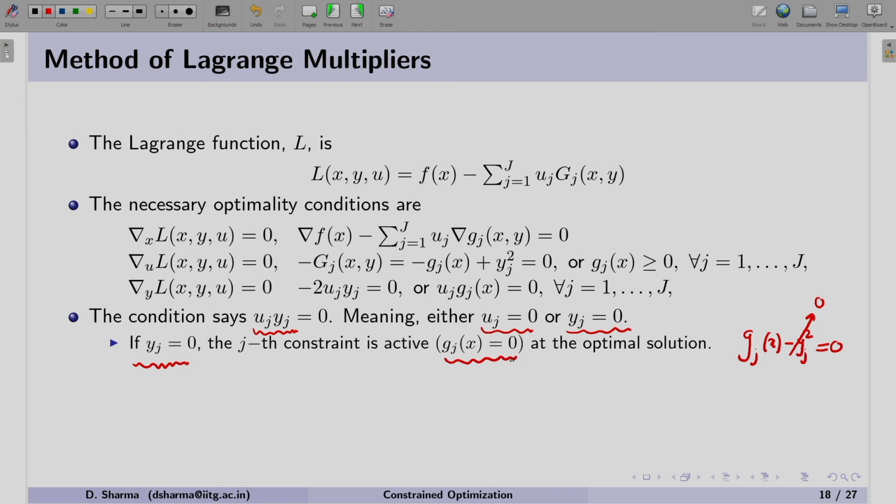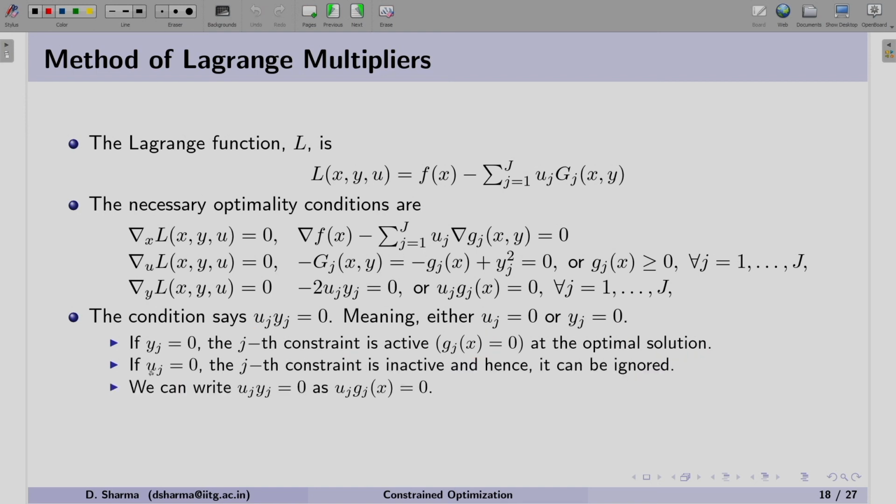As and when at any point any of the constraints is equal to 0, those constraints are referred to as active constraints. So, if yj equals 0, the jth constraint is active at the optimal point. If uj equals 0, meaning that the jth constraint is inactive, and since it is inactive, it can be ignored because this inactive constraint is not going to change or affect our optimal solution.